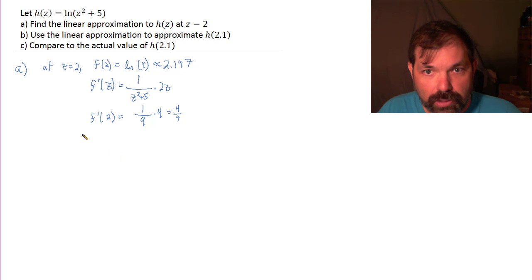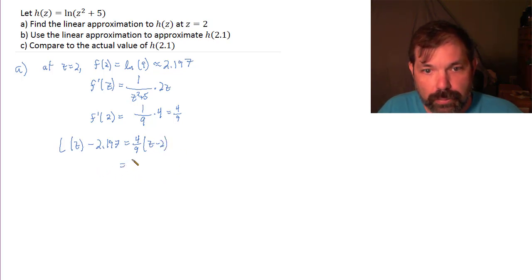So then the linear approximation would be L of z minus 2.197 is equal to 4/9 of z minus 2.